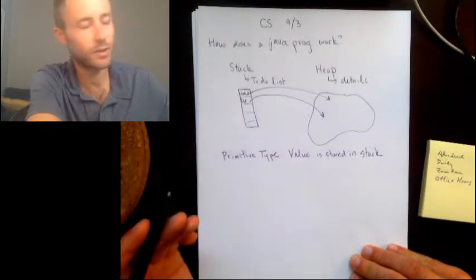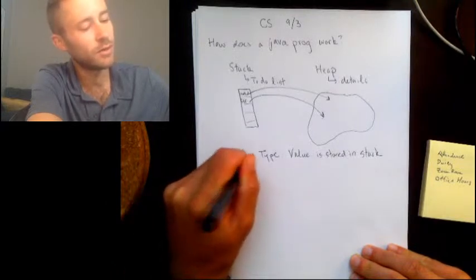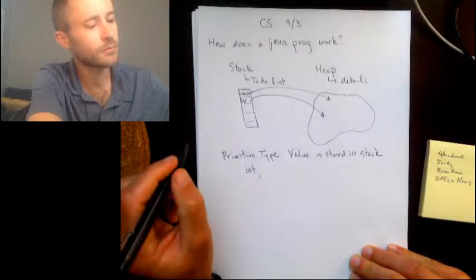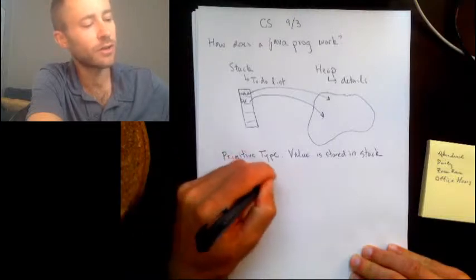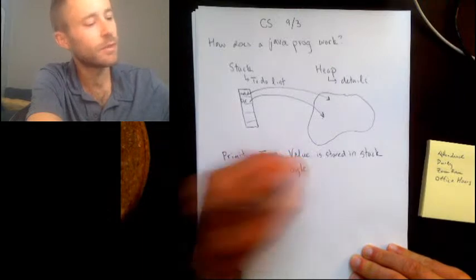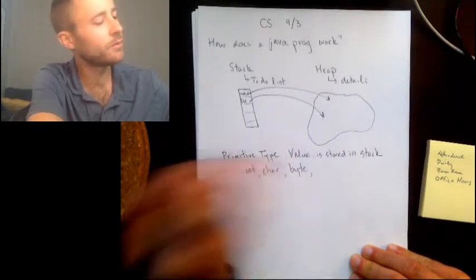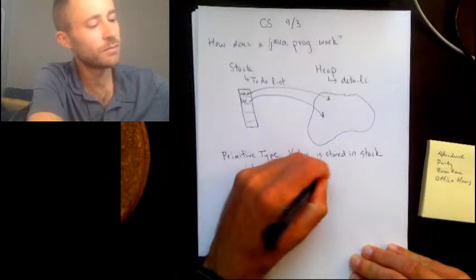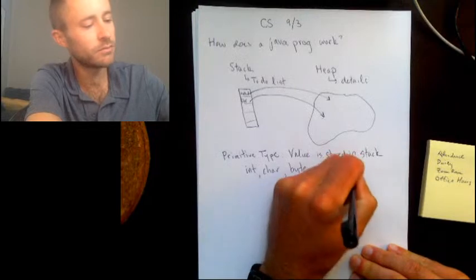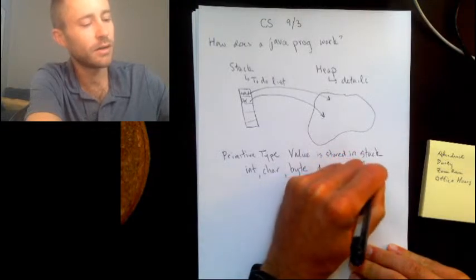Let me give you some examples of primitive types. You have ints, chars, characters, bytes, doubles, and booleans.